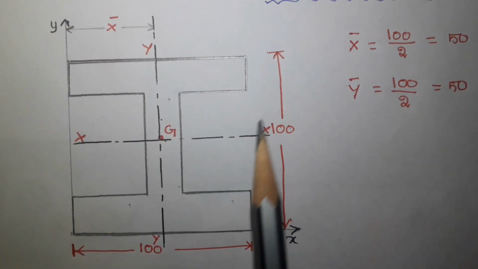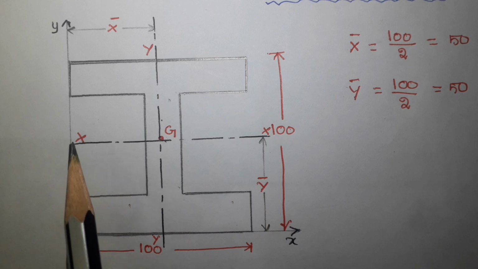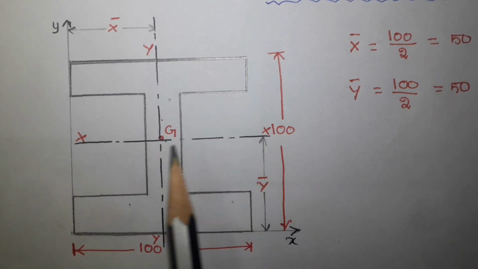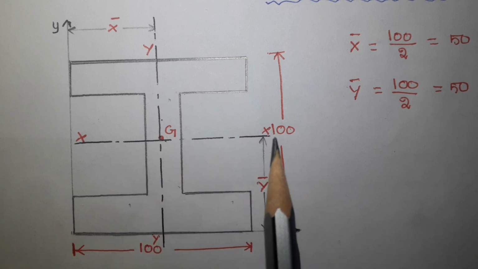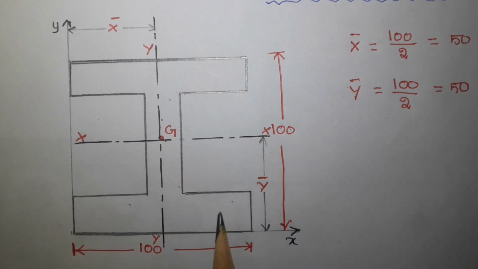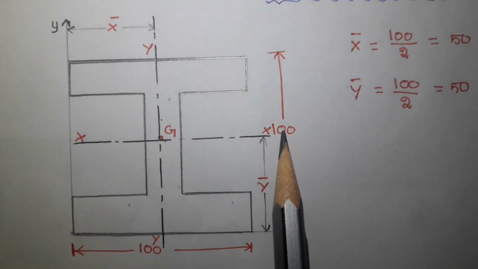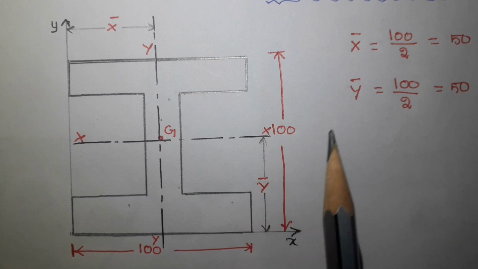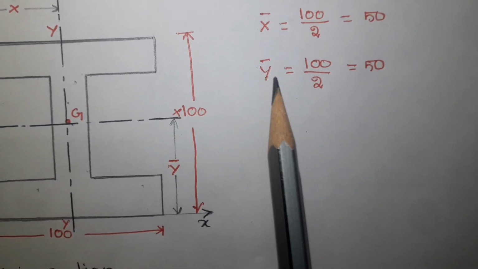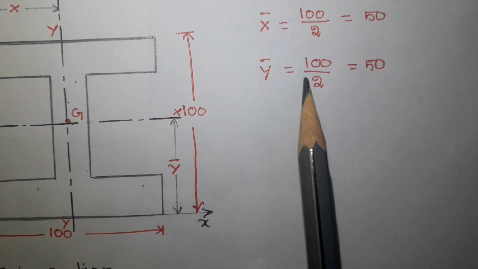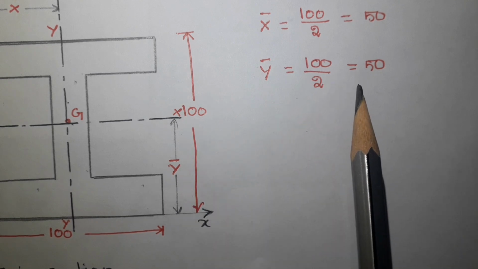Similarly, y bar. Now I am going to cut this plane by the x axis. Now this portion should be half of this distance, and this should be half of this distance, that is 100. So y bar can be easily found: y bar equals the total distance, 100, divided by 2, which is equal to 50.